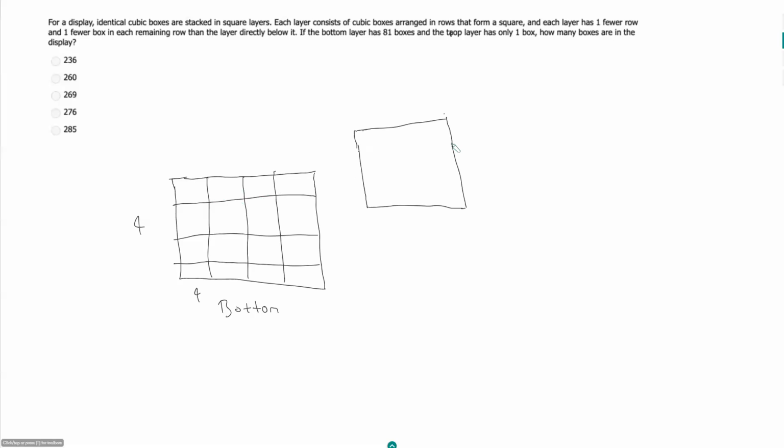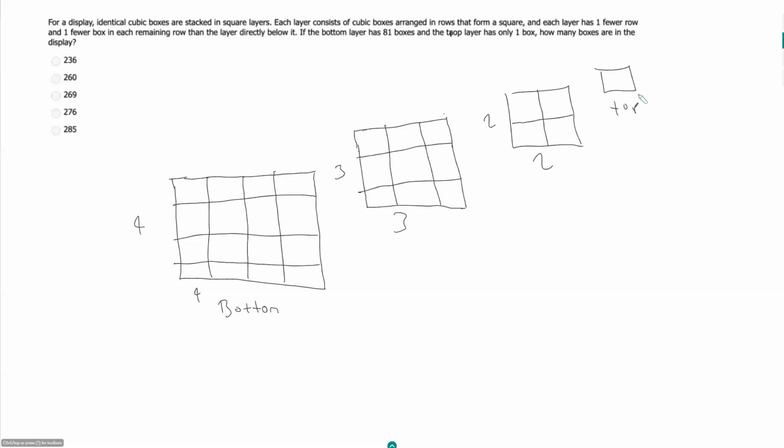In other words, instead of a 4 by 4 layer, we now have a 3 by 3 layer. Then the next layer up should be a 2 by 2 layer, and our top layer, they say, is just a single box.